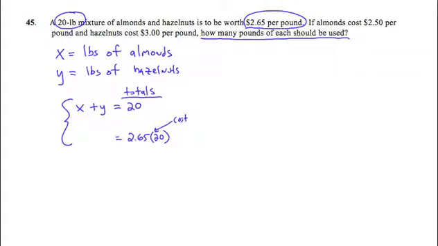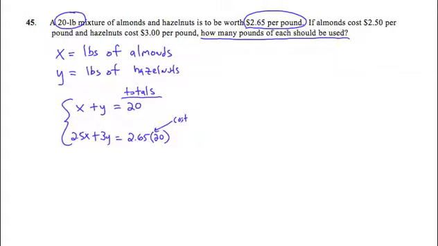Now, how am I going to come up with that total? Well, I'm going to add the cost of the almonds at $2.50 per pound, so 2.5x, plus the cost of the hazelnuts, which is $3 per pound, so 3 times y. Altogether it's supposed to come up with 2.65 times 20.